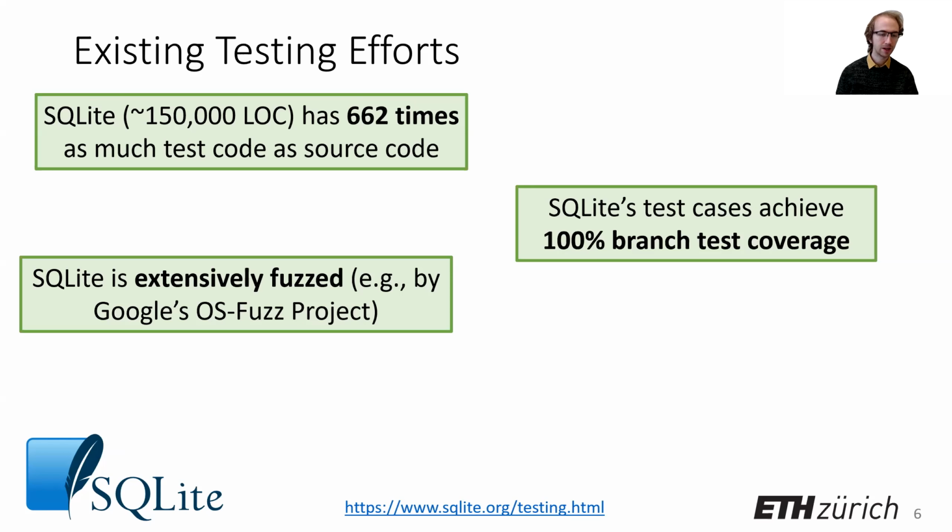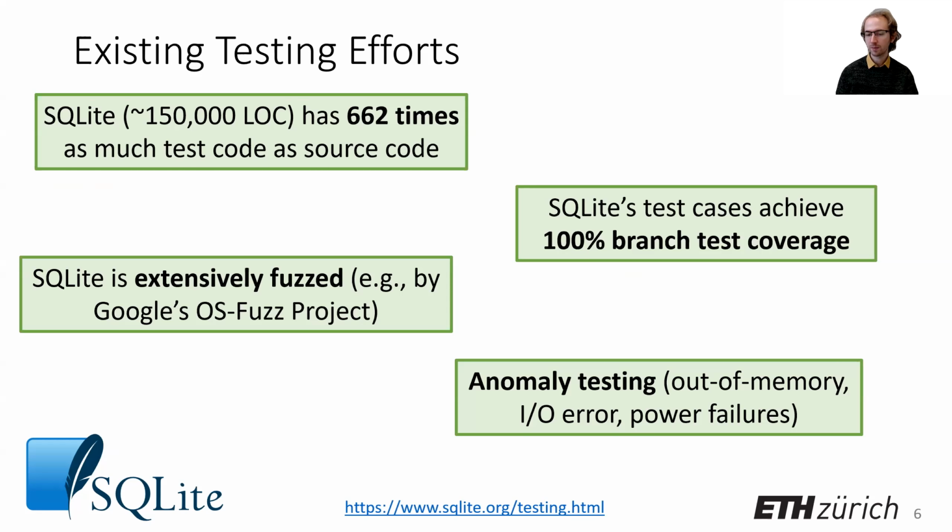SQLite is also, for example, extensively fuzzed by Google's open source fuzzing project, but also by security researchers. And as a final example, besides more conventional kinds of testing, the SQLite developers also use anomaly testing to even validate that SQLite works correctly in the presence of out-of-memory errors, input-output errors, and power failures.